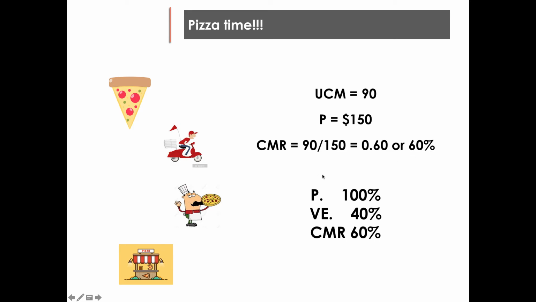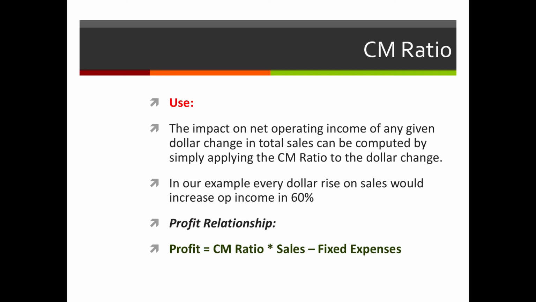What means that our structure of cost is, if our selling price is 100%, our variable expenses rate is 40% and our contribution margin is 60%. What is the use of this contribution margin ratio?